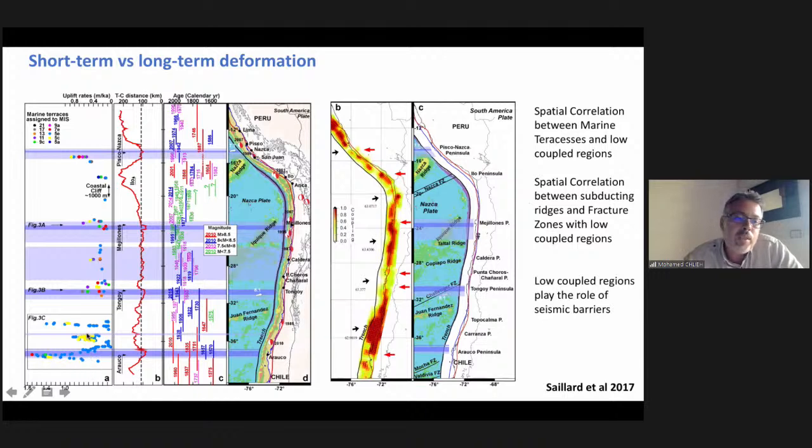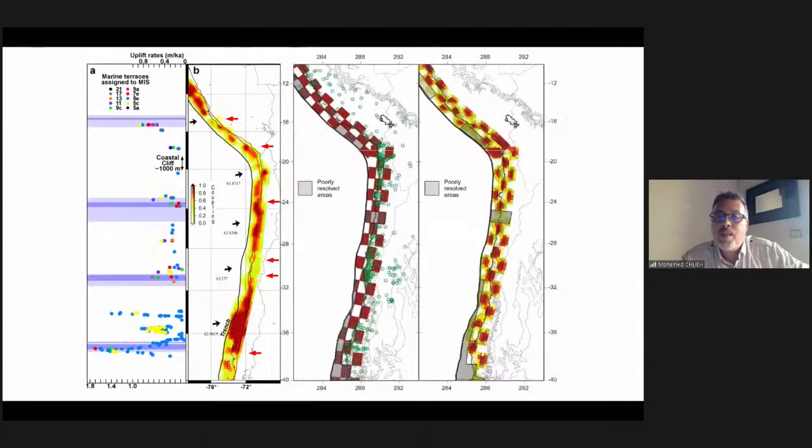In this paper of Marianne Saillard, she dated different marine terraces, and these marine terraces also seem to indicate some extremities and barriers of a great earthquake. So this is an interesting morphological explanation of what controls these different segments and the size of the potential maximum magnitude earthquake.